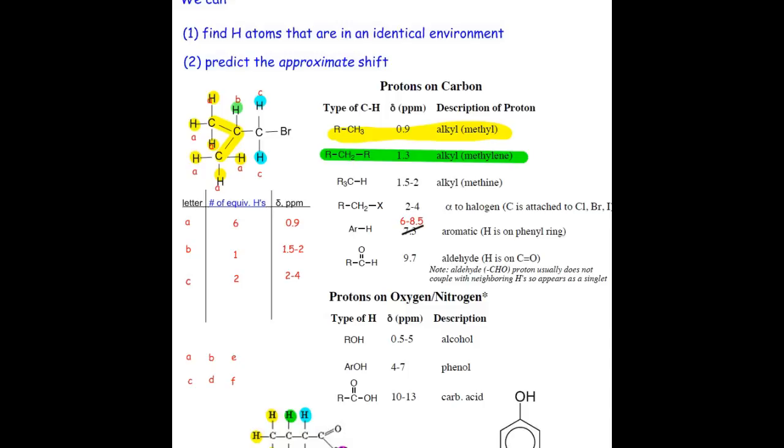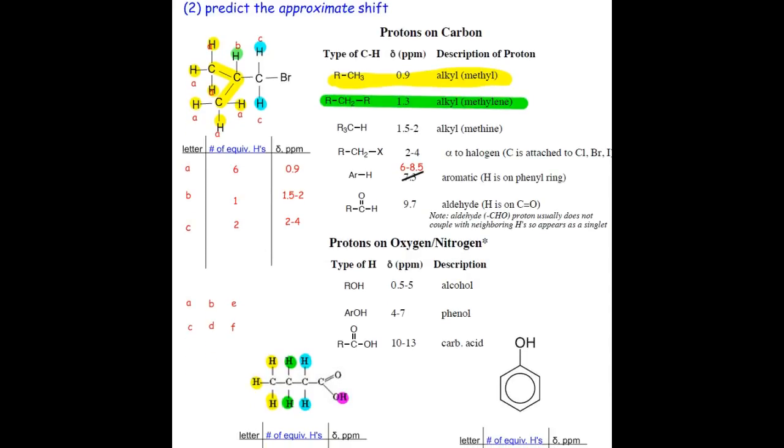My 2 that are part of a CH2 also might be here, but I'll tell you a little more about it in a minute. And then my alcohol, that's so dark, but is right there.